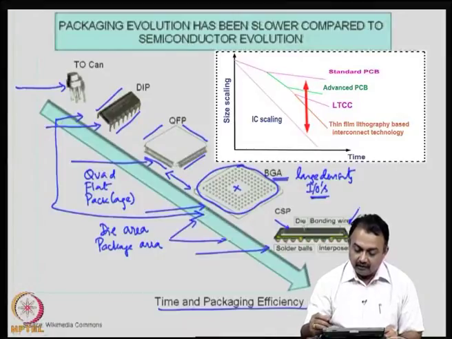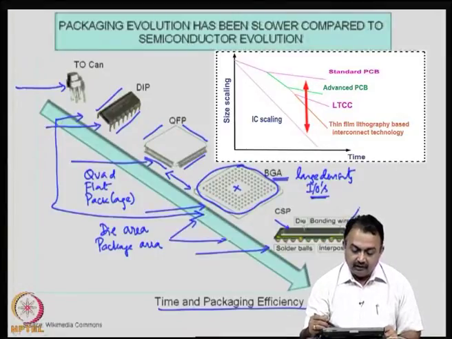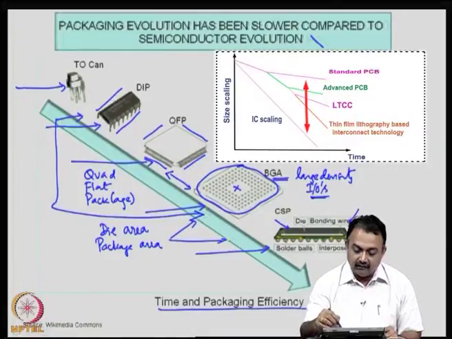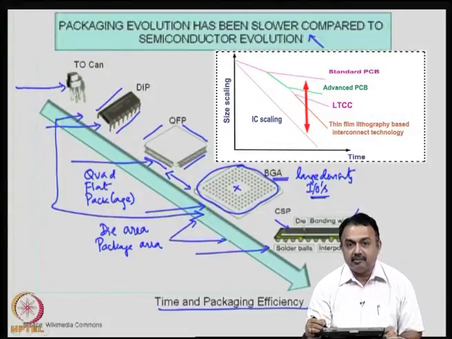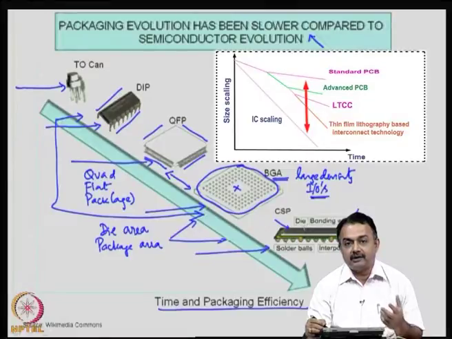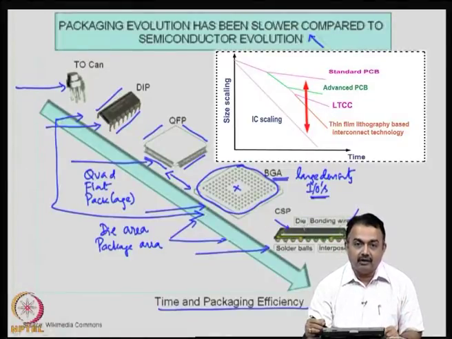Now, if you look at the figure at the top, the reason for this statement which I have written here, that packaging evolution is slower compared to semiconductor evolution, is because the IC scaling is very large compared to the standard PCB production, because PCB is a substrate for the second level packaging that we are talking about.